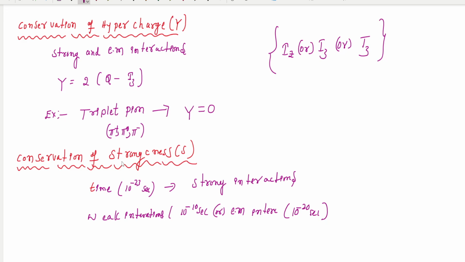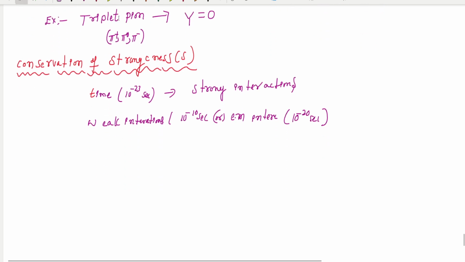In this situation, strange particles are produced.